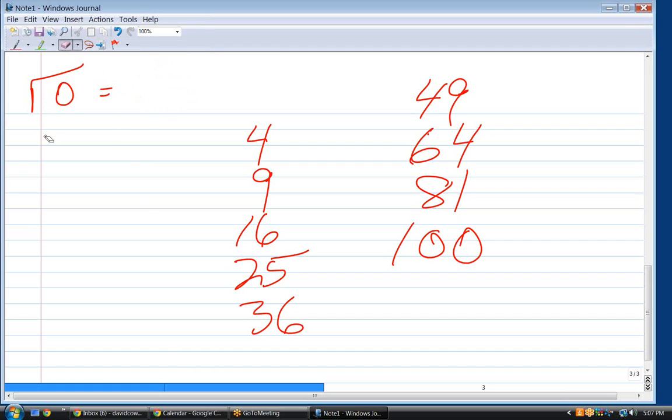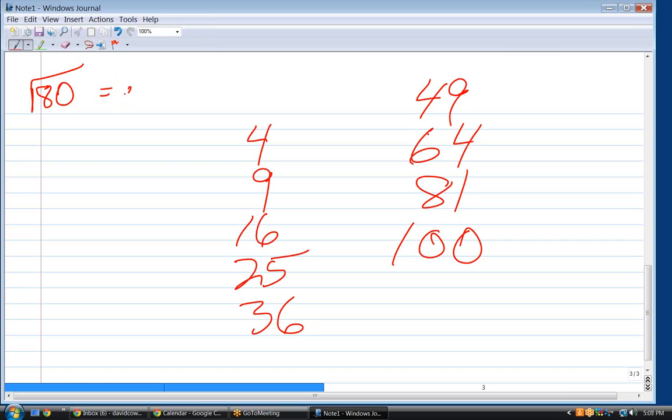Okay. Let's take another one. Square root of 80. What would that be? Let's say that the only factors you can figure out are 4 and 20.